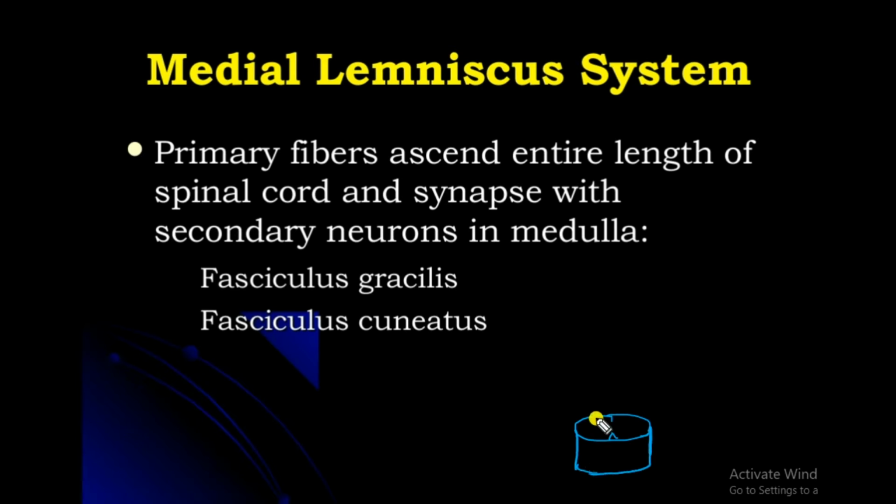So here I am drawing the spinal cord, the cross section. We have the gracilis fasciculus. Fasciculus is the fibers of primary order neurons, and the medial lemniscus is the axons of secondary order neurons. Here I am drawing the lower part.